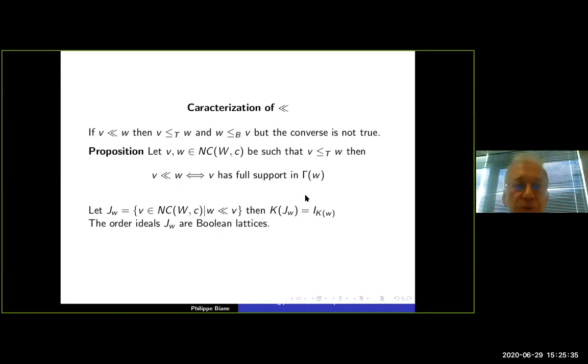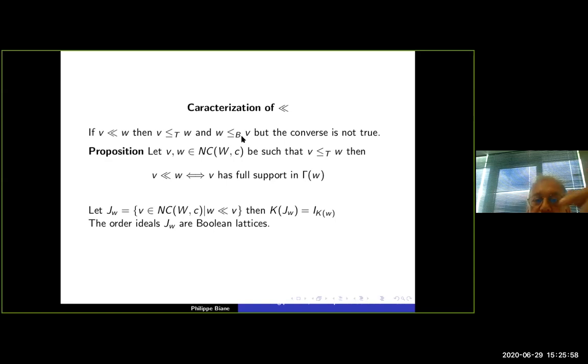There is also a characterization of the double order, which is the following. As I said, if V is smaller than W for the double order, then V is smaller than W for the absolute order, and W this time is smaller than V for the Bruhat order. So we have the opposite relation now. The converse is not true.